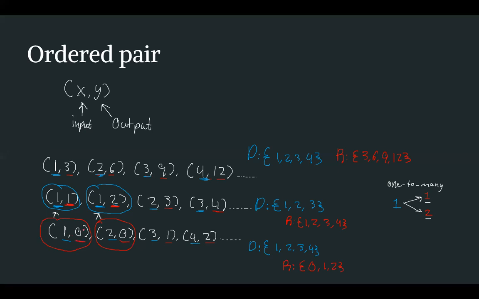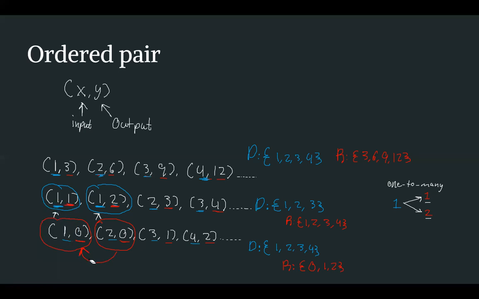So in this ordered pair, the input is 1, yet the output is 0. And the same thing here from the second ordered pair. The input is 2, but the output is the same as the output in the first, which is 0. So what does this mean?